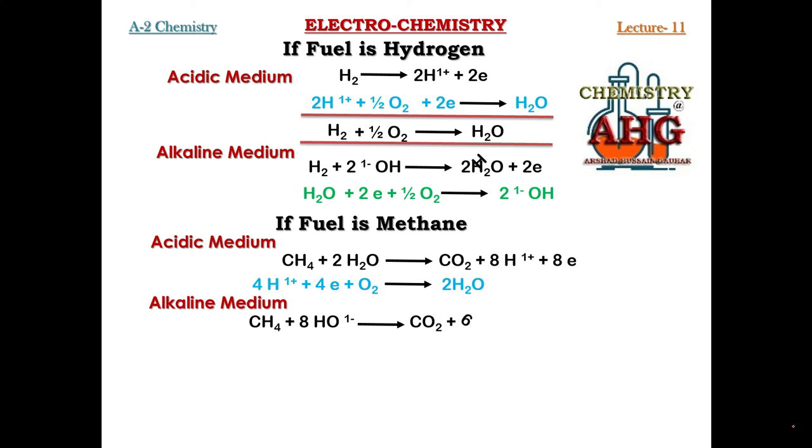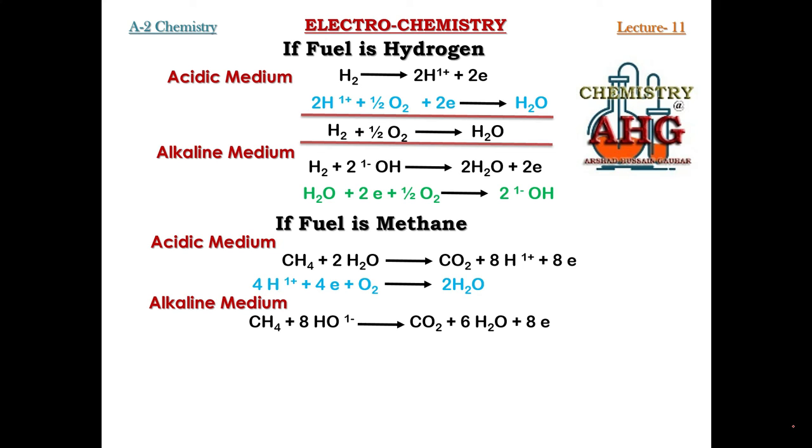But what would happen to the 8H ions? They will be neutralized by 8 moles of OH ions because the medium is alkaline. So you can see I have added 8 moles of OH on the left hand side, and we have balanced all the other equation. It remains the same, no change.